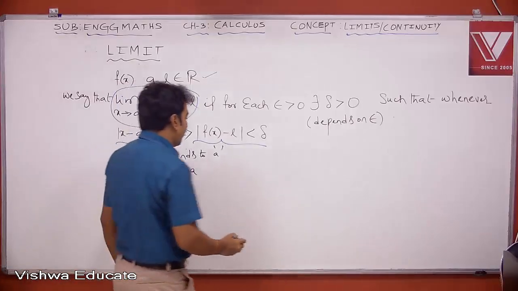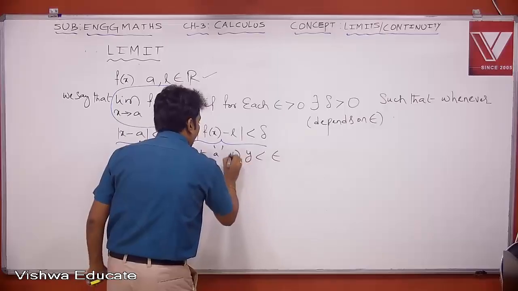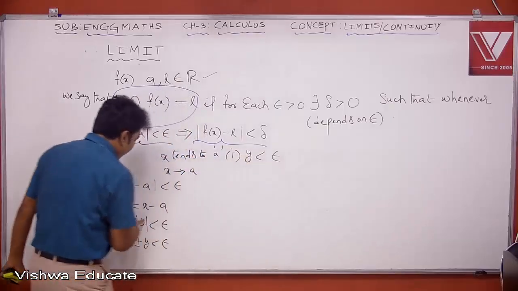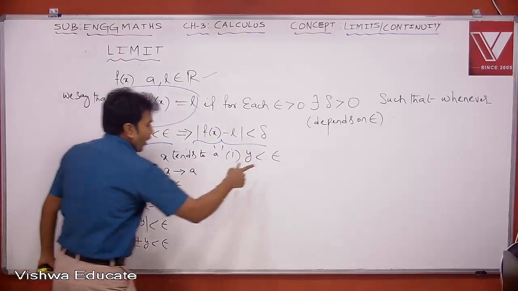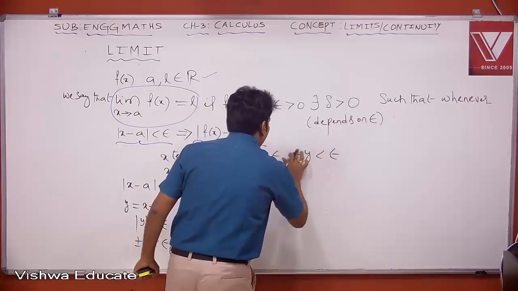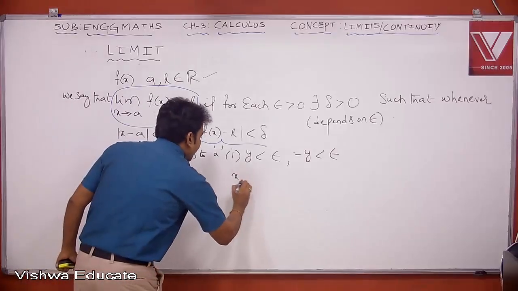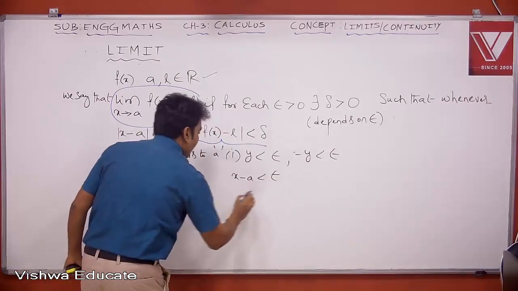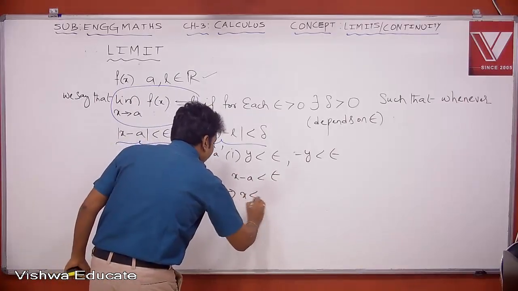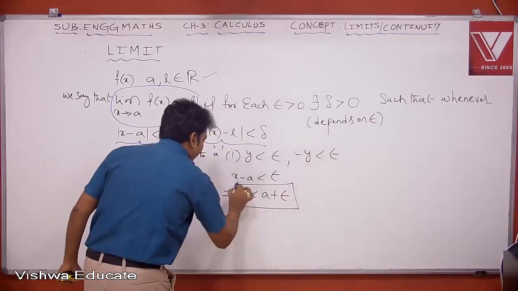One case is y less than epsilon, and the other is minus y less than epsilon. But what is this y? It is x minus a. So here x minus a less than epsilon implies x is less than a plus epsilon. So this is one inequality.